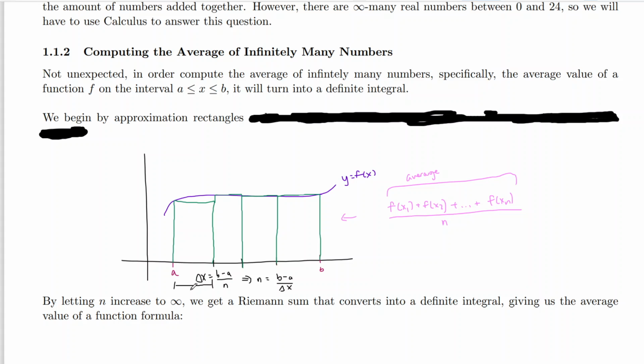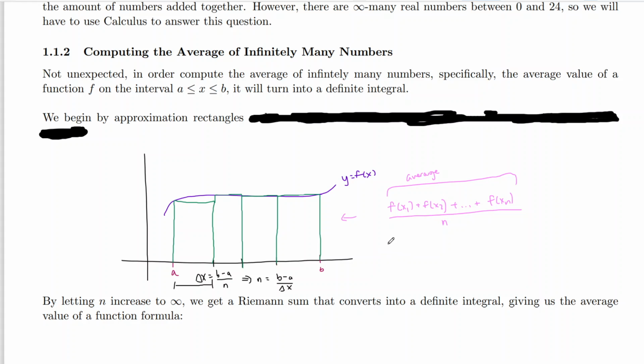And we've used this a couple times before by saying, well, we don't really want to say b minus a over n over and over again, so we say delta x. But the idea is now, because we actually have that n in our formula, replace it with delta x. And we can't replace it directly because if delta x equals b minus a over n, you solve that for n and you get n equals b minus a over delta x.